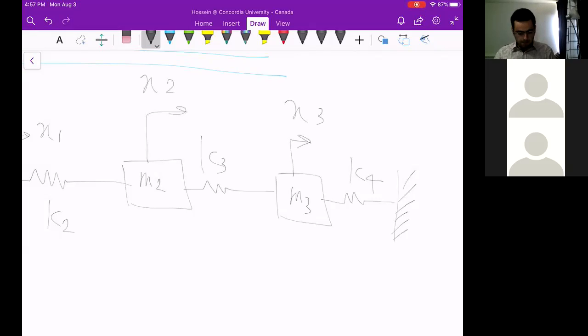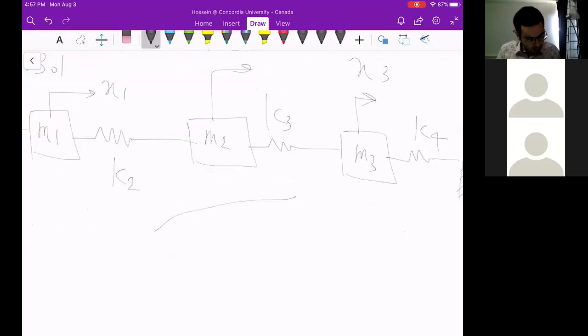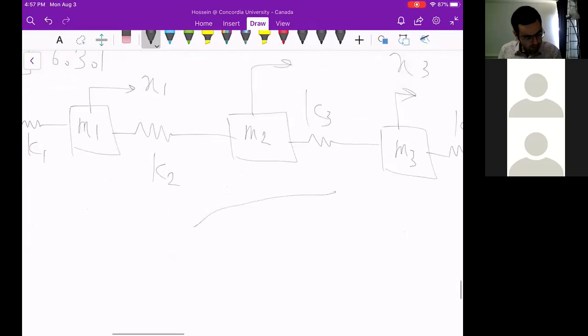So how could we basically find the stiffness matrix here?